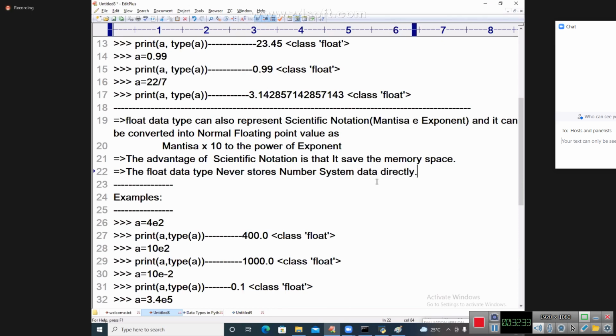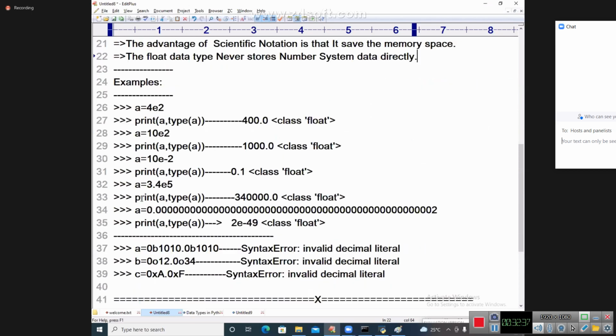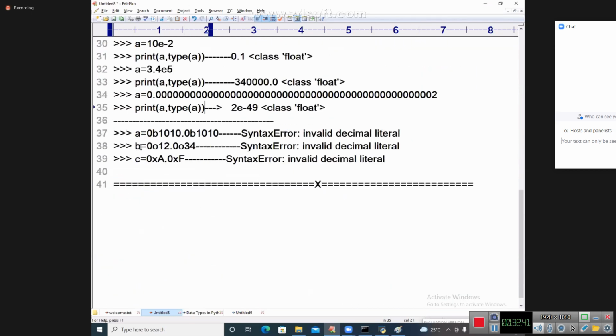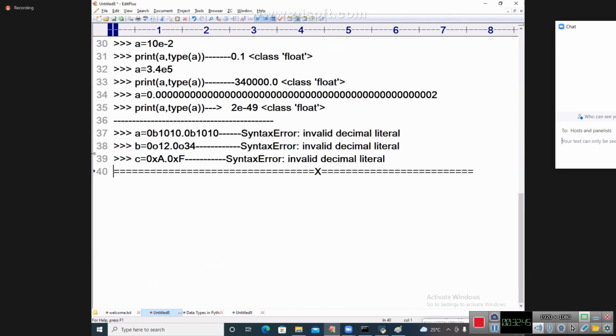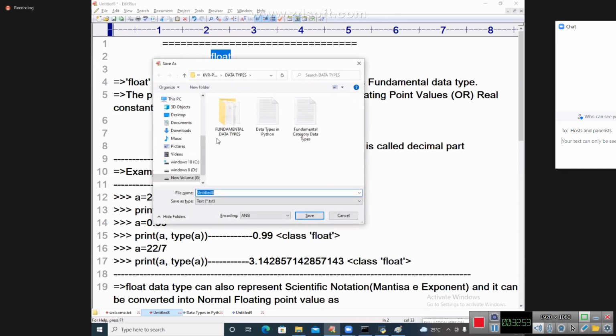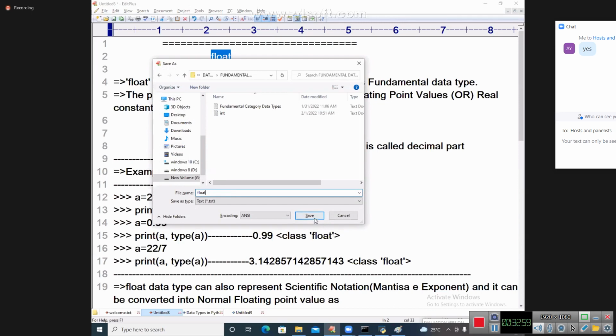It won't store it. Right. Coming back to this point, integer part, mantissa, exponent, and number systems related information I also gave you. This is related to which data type? This is float data type. Did you understand, students, related to float data type?